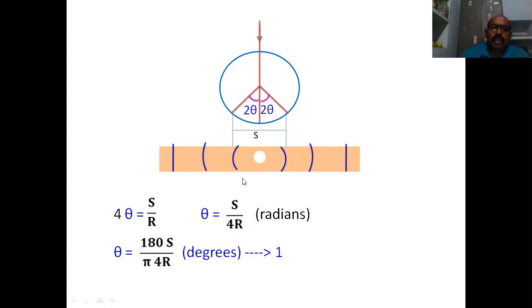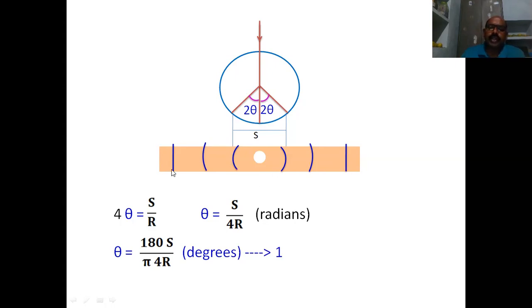But there is some correction. Whenever we develop the film, soaking in water or chemical and drying it, there may be shrinkage in the film. Whenever it shrinks, the actual diameter is not the diameter corresponding to the rings made by the X-ray diffraction pattern.